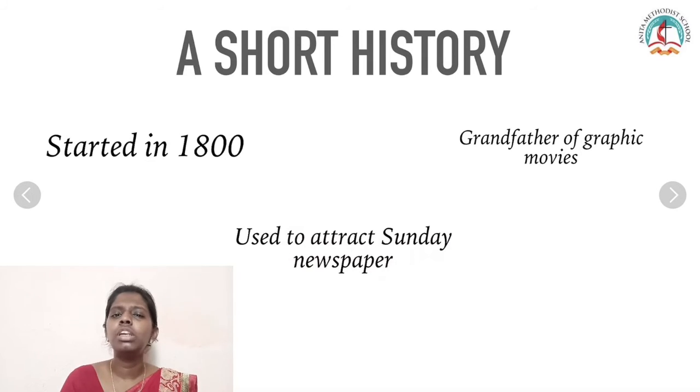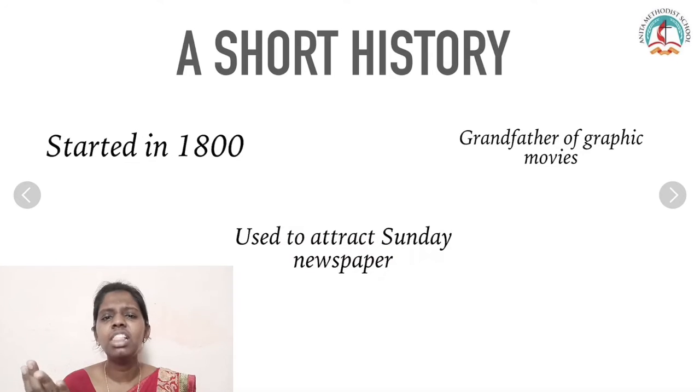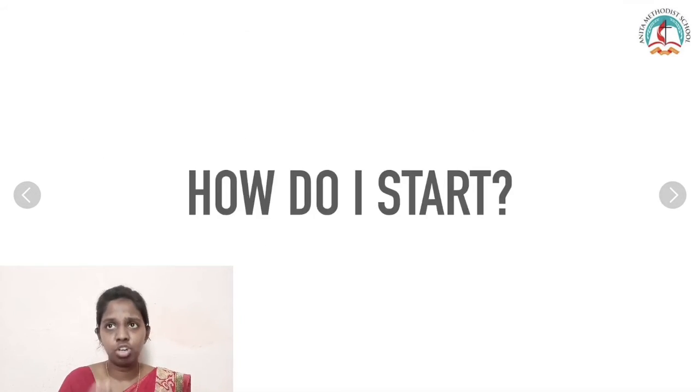You may wonder, how can I start this comic strip? Miss, you told me I can draw a comic strip, I need boxes and all. As I saw in the first picture, maybe I should write something, I should draw something, I have so much work. Now you may wonder, how do I start this? Now I'll tell you how we should start.